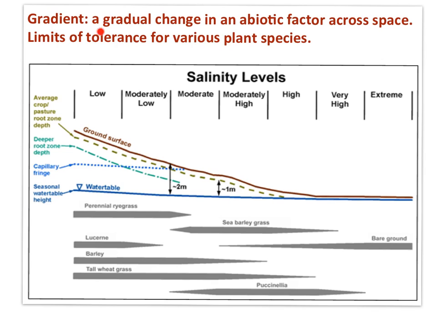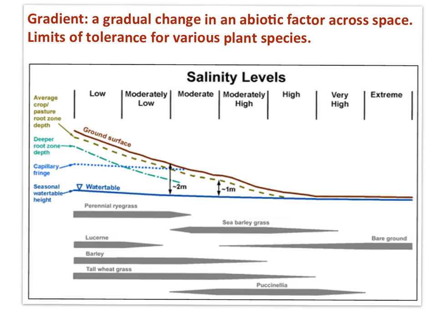A gradient is a gradual change in an abiotic factor across space. The distribution of various plant species is displayed along this abiotic salt gradient. The presence of different plant species is displayed by these bars.